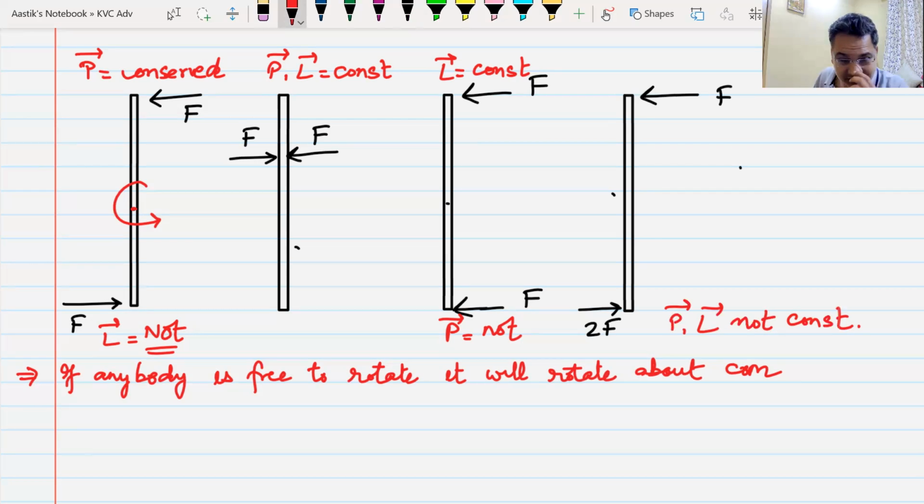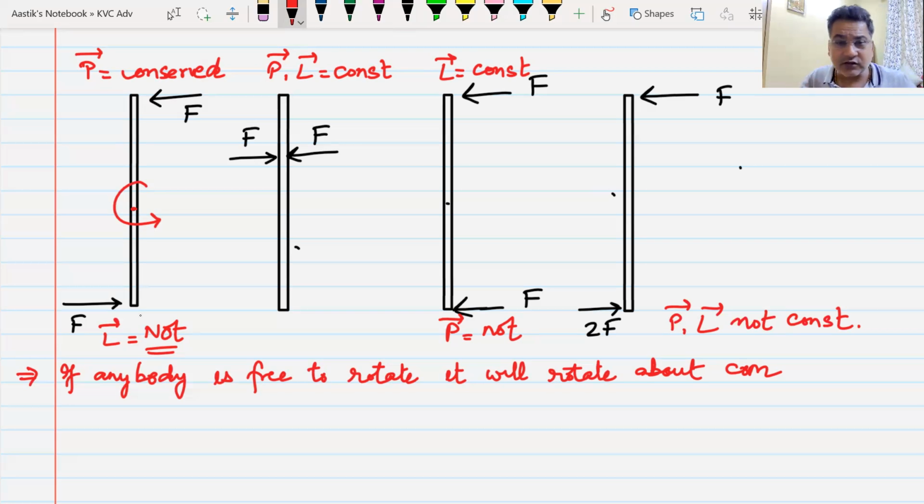Do we understand it? Okay. See, once you understand what is conserved and what is not conserved, the rest of the question becomes pretty simple. You just have to understand what is conserved and what is not conserved.